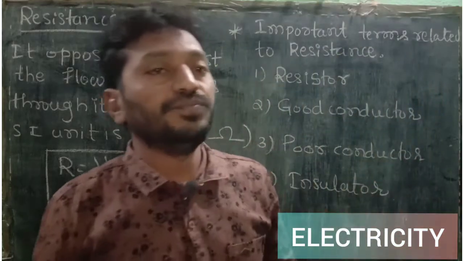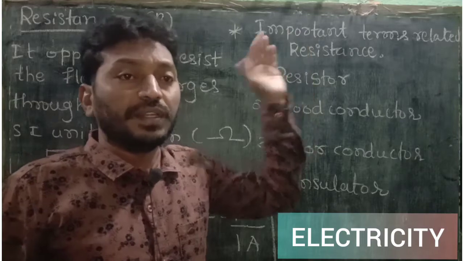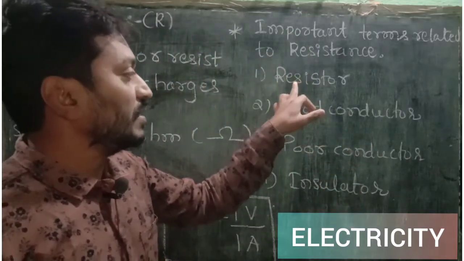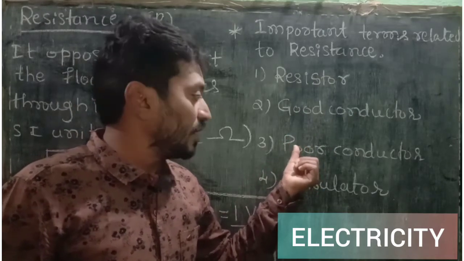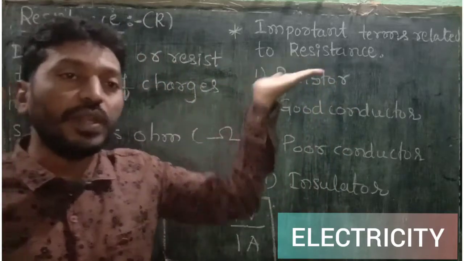Students, some important terms are related to resistance. What are those? Those are resistor, good conductor, bad or poor conductor, and insulator. Now let us discuss them one by one.